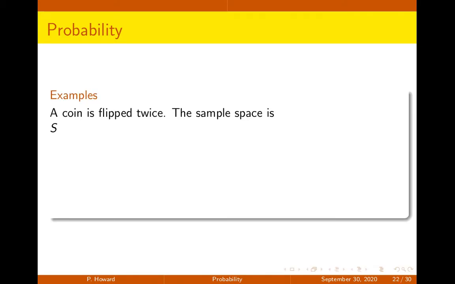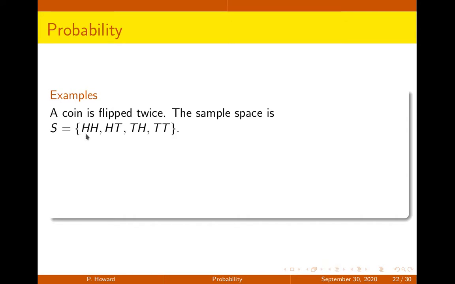Okay, switching examples. Let's suppose you have a coin that you're going to flip twice. So we'll have a first flip and a second flip, and we're observing whether you flip heads or tails on your 2 flips. So what would the sample space look like if you're flipping a coin 2 times?